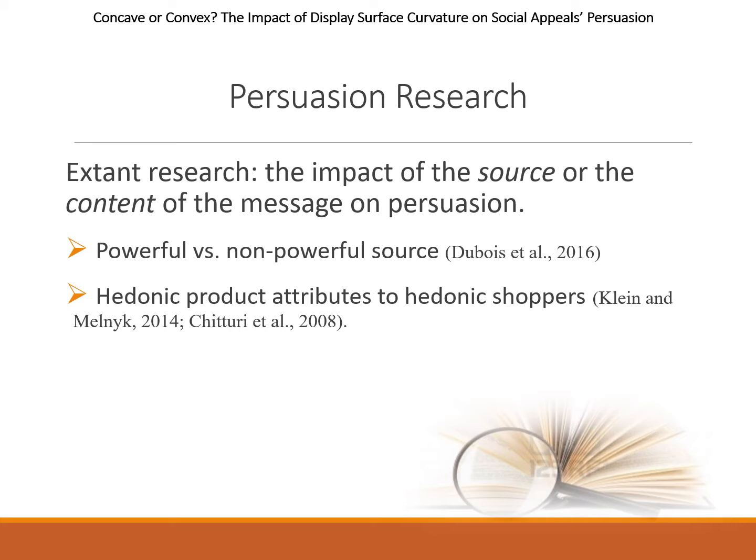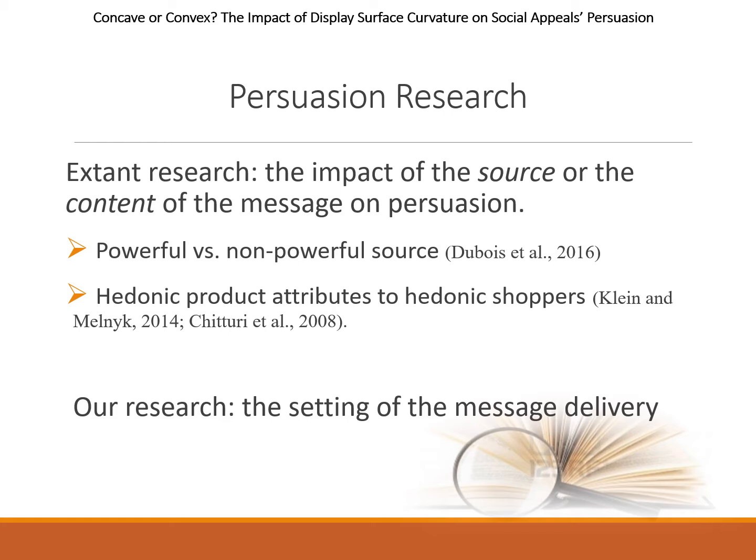However, it is unclear how the setting of the message delivery, such as the shape of the message display surface, may influence persuasion while holding the message source and the message content constant. So our research fills this gap.